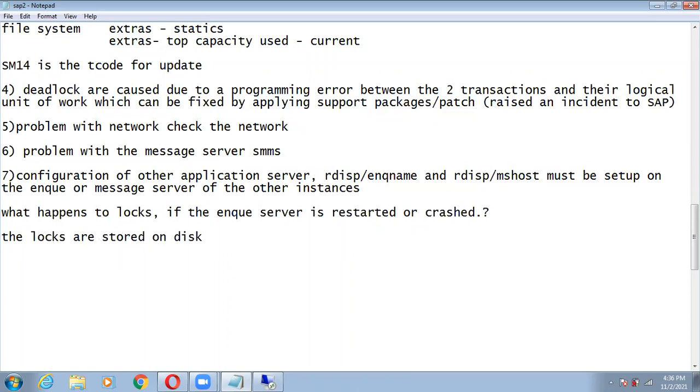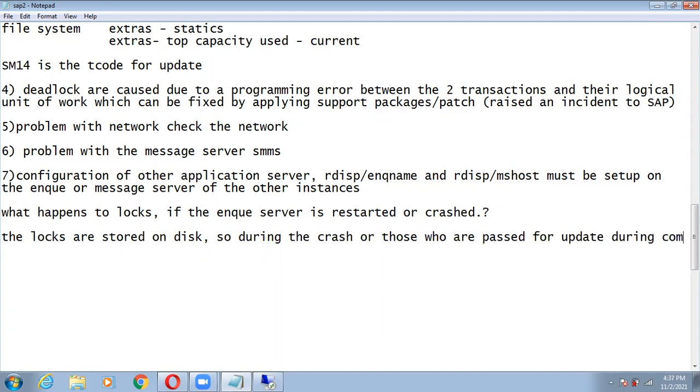During the crash, or those which are passed for the update, generally pass for update during commit, means save during commit.